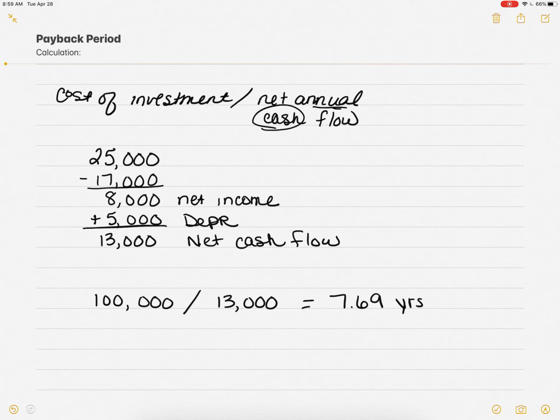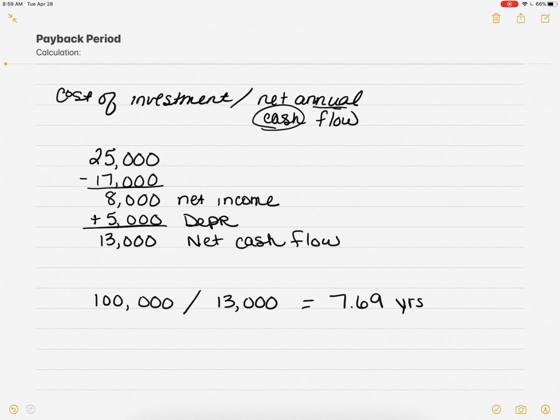Now, typically you can just weigh out and compare your choices and see which one you're going to get your money back fastest. If your annual cash flows are different amounts each year, then we just have to look and say, well, how many years is it going to take to get my money back?